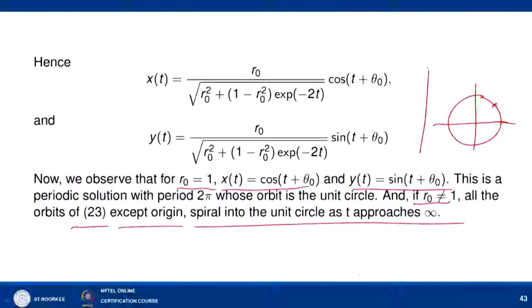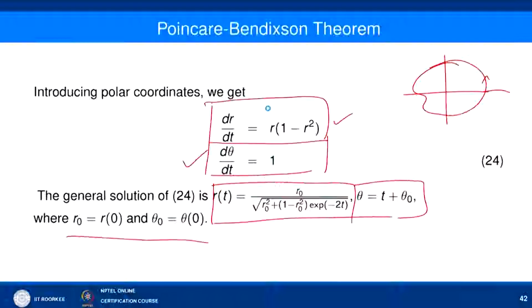So let us start with r naught bigger than 1. If you look at x of t here, r t equals r naught upon under root r naught square plus 1 minus r naught exponential of minus 2 t, that is the behavior of r t.